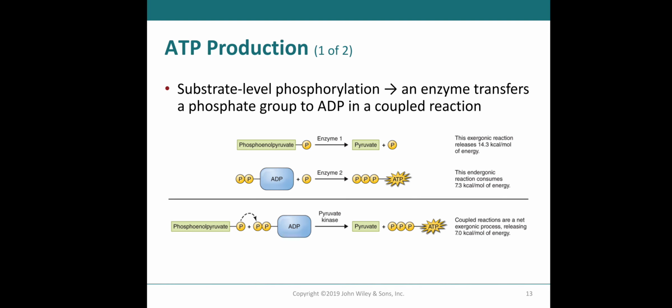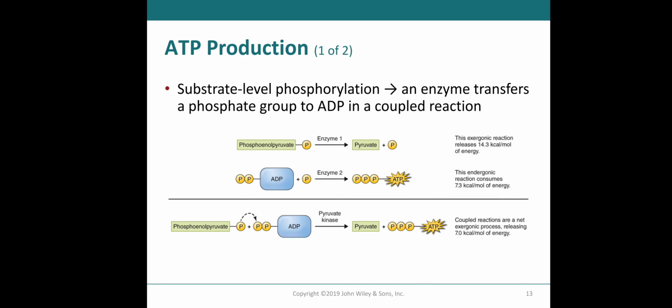Another reason is that the energy of phosphoenol pyruvate is too high. Some reactions just require 7.3 kilocalories per mole, and if you use phosphoenol pyruvate, it's just too high. It will release a large amount of energy, and the excess energy is usually heat. If you release too much heat as an excess of the energy, the cell will overheat and the temperature will increase, and there will be many difficulties inside the cell.